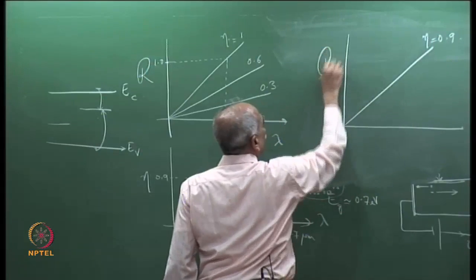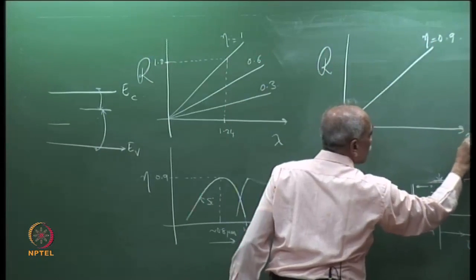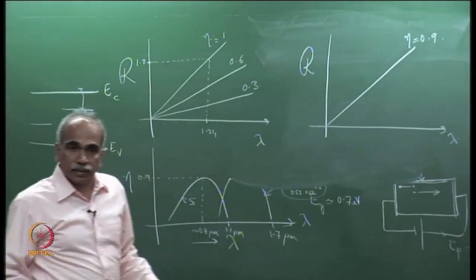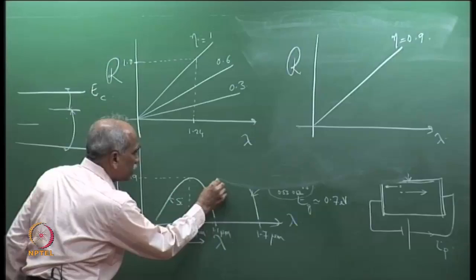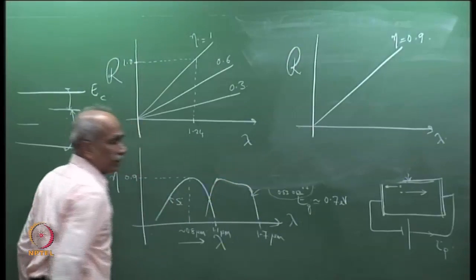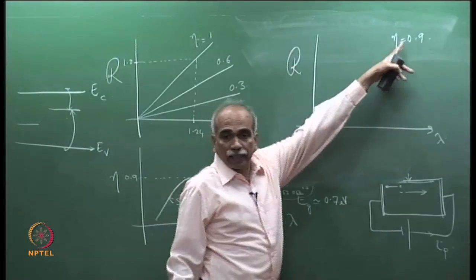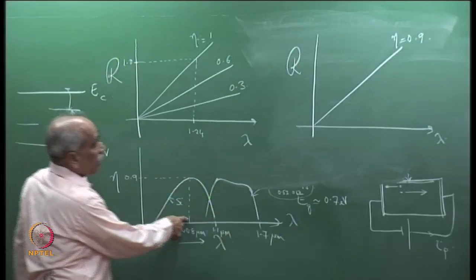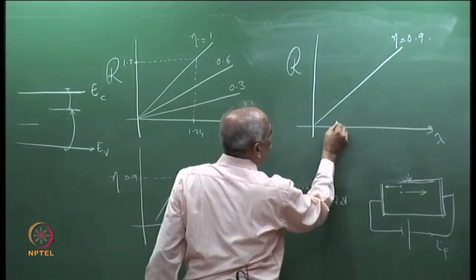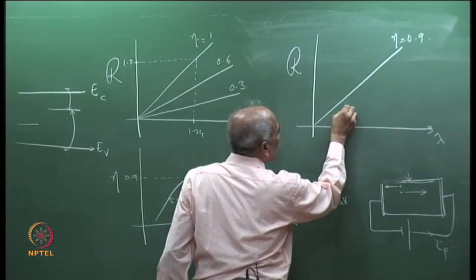What I am plotting now is the responsivity versus lambda for real detectors with a quantum efficiency that is realistically varying like this. So, if I plot for silicon, as you can see 0.9 is the peak, and therefore, it will touch this around 0.8, other places it will drop down.